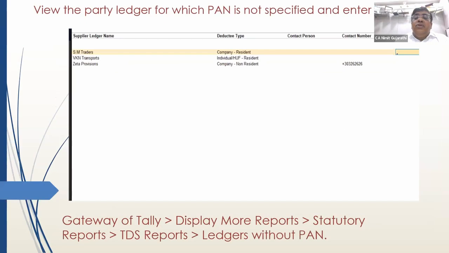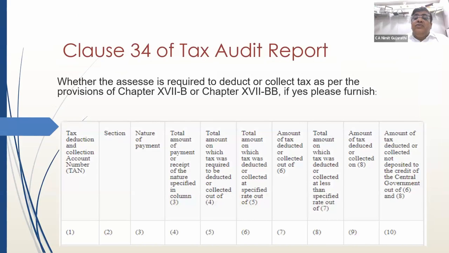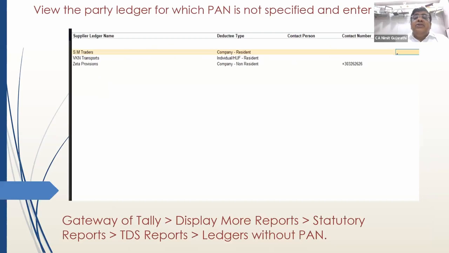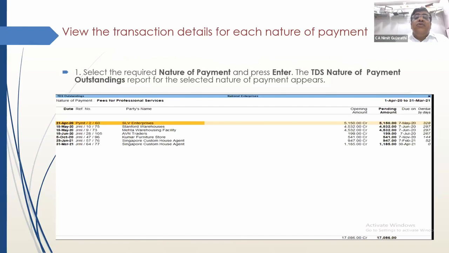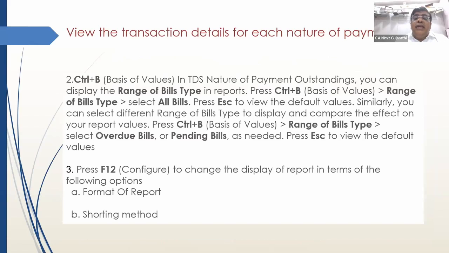Now I want to do another reporting requirement, that is what is my total amount of payment or receipt of nature specified, nature of payment wise. So that is the most important thing I want to find out. What is my nature of payment? So for that payment you can sort, so you can just go through this.